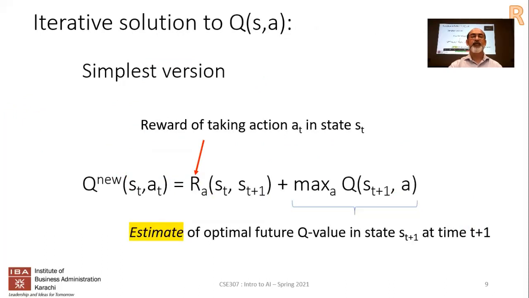And we looked at the simplest version of it, where you simply had this equation for the Q values, where it was dependent on the reward as well as a maximum Q value that would be achieved in the next state, assuming that you would be taking the optimum path subsequently.